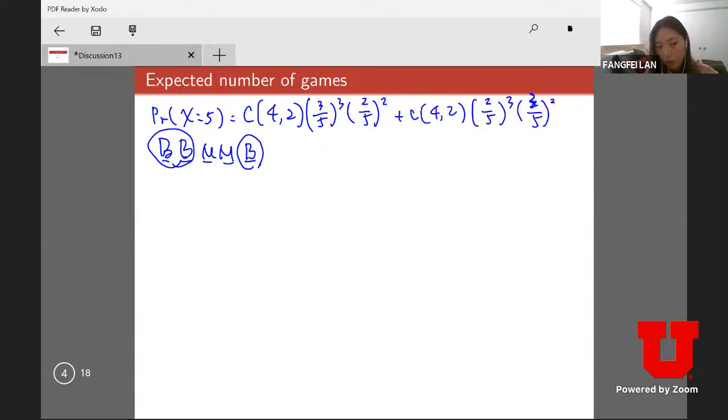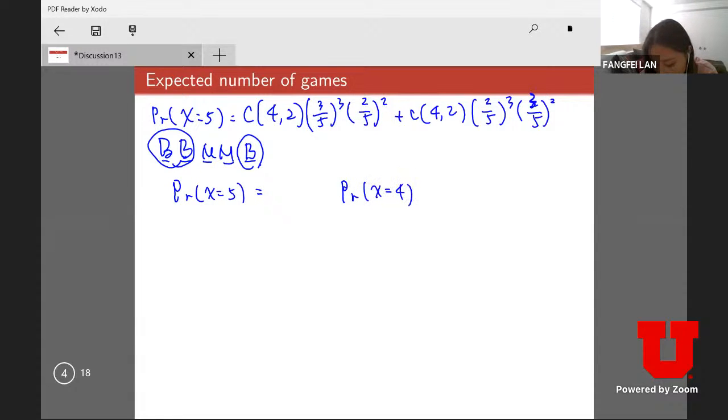The other way of getting this probability of X is equal to 5, you can also think about the complementary problem. So we already know that the game of a best of 5 series has to be 3, 4, 5. There cannot be any other lengths, right? So we want to find the probability of X is equal to 5.